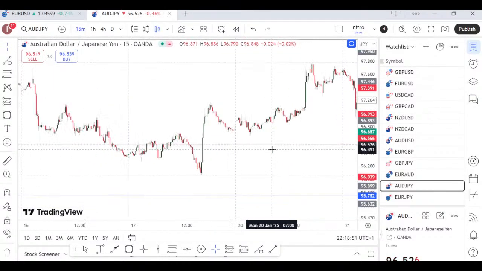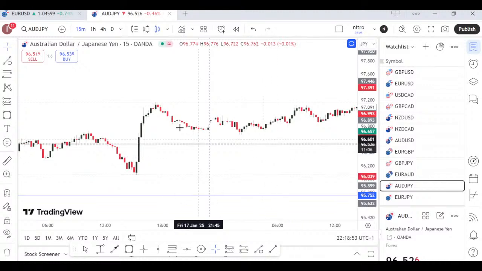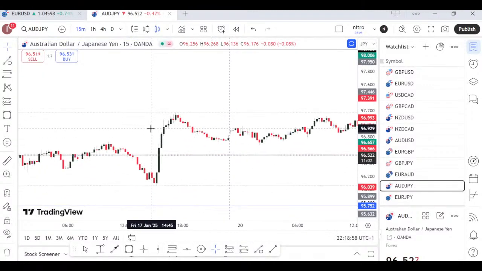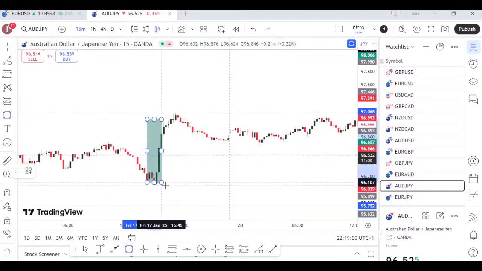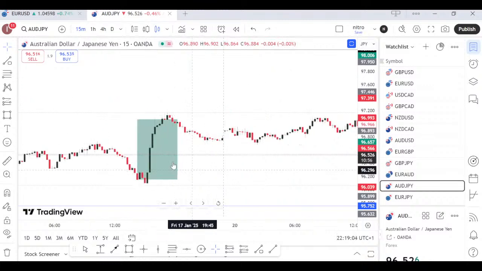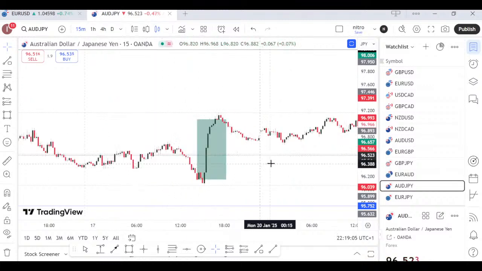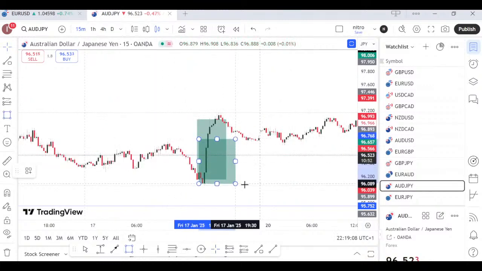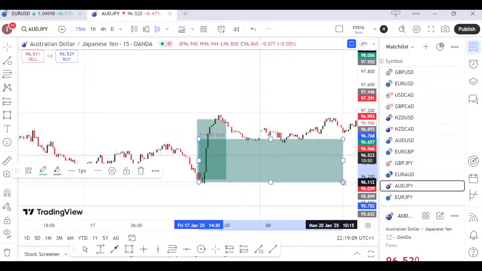Look at this. This is ADJPY. Look at your order block and look at your fair value gap. So I can just mark this zone and see if price delivery came into that zone.